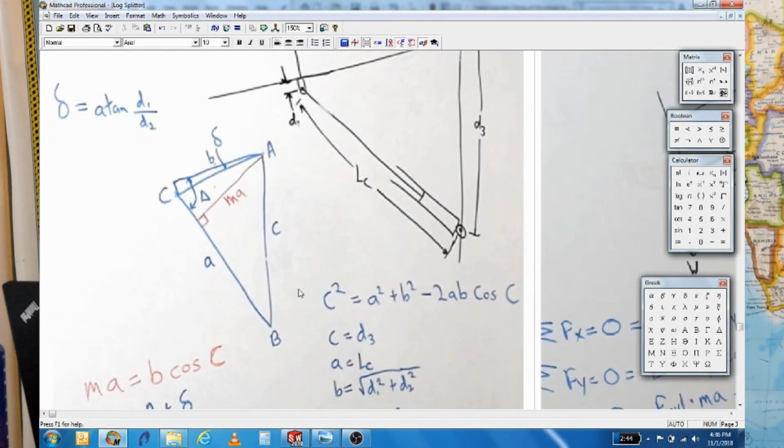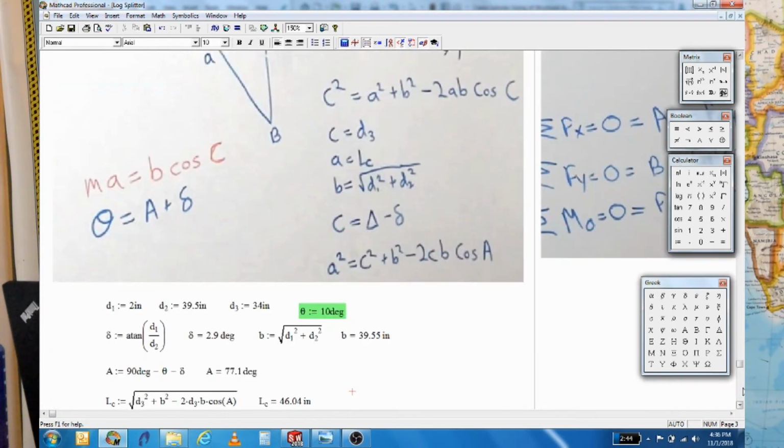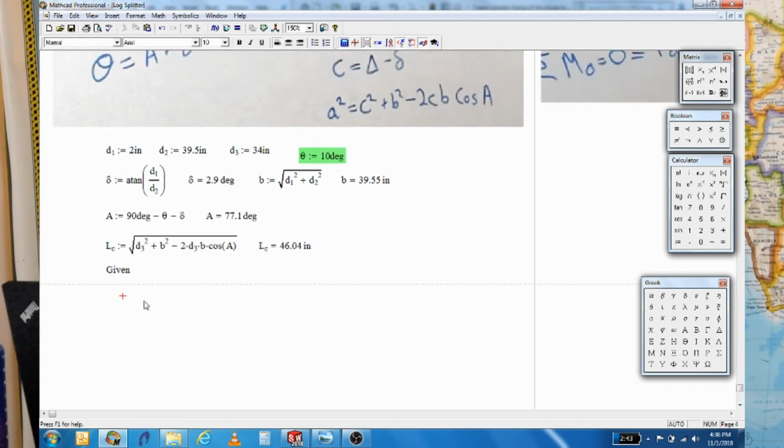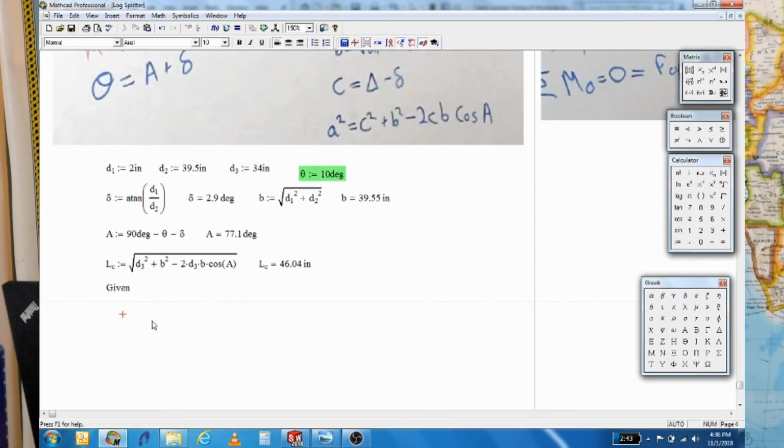So the next thing we're going to do is solve this equation for the variable C, and C is the angle from there to there, and it'll allow us to get our moment arm here. We are going to use a solve block for this one because I don't feel like flipping that whole equation around just to get the cosine of C all by itself. Now we want to make a guess at C. From the geometry, it just looked like it was 45 degrees. I don't know, somewhere between 30 and 60 degrees. So I'm going to put in 45.